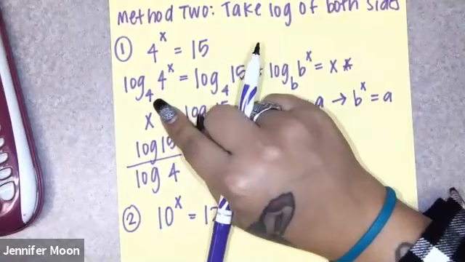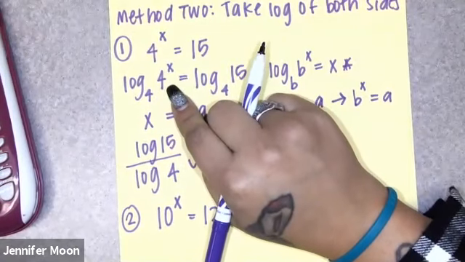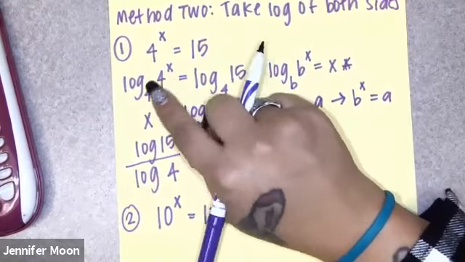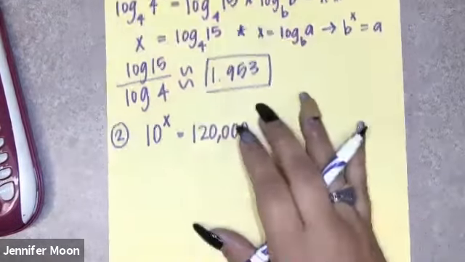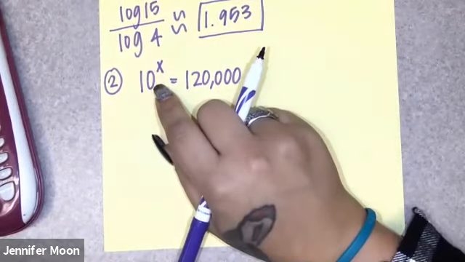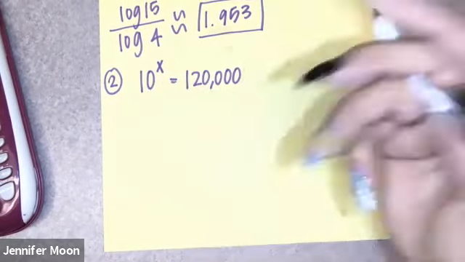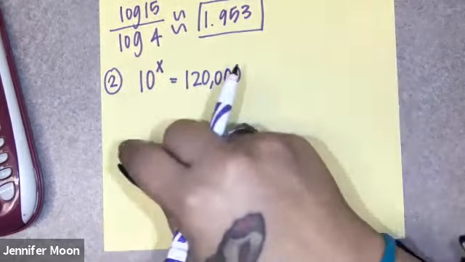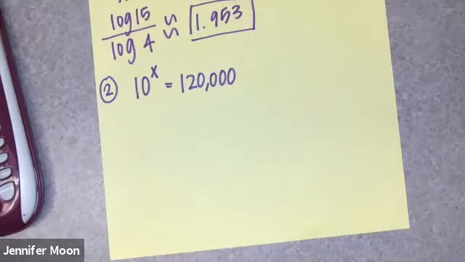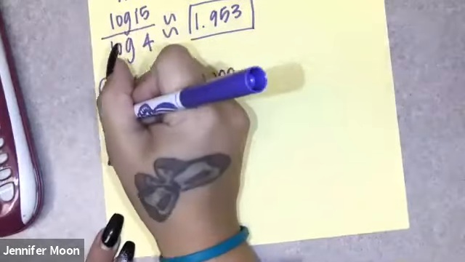Here, I took log base 4 because I knew what I wanted on my left-hand side was just my x. So I was purposefully using that property, right? And then for problem 2, because this is a 10, if I use the common log, right, because that's log base 10, then I'll have the 10 to the 10 to the x. And in a way, it's like I just now made it to where all I have is x.